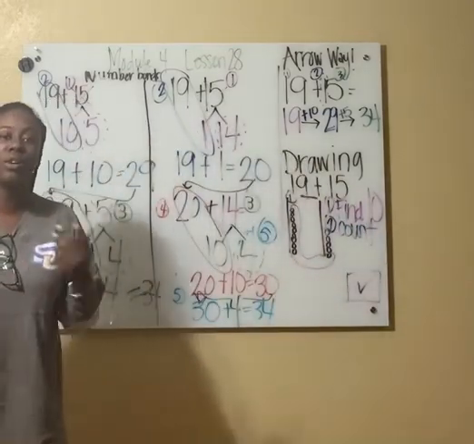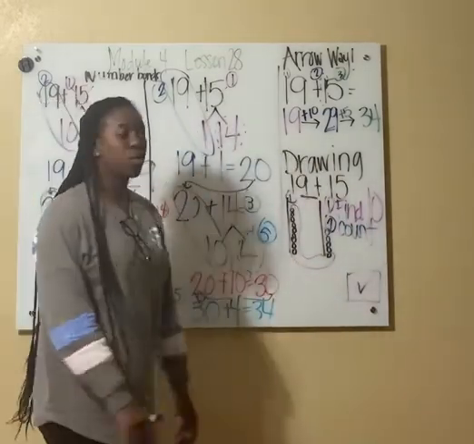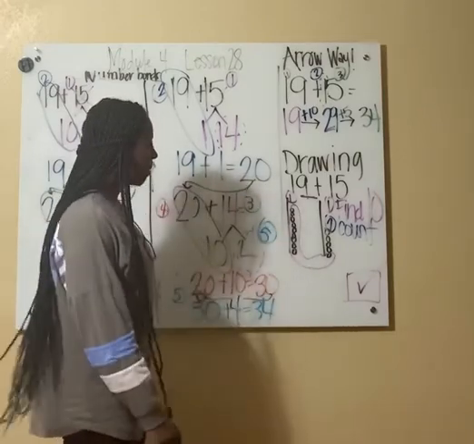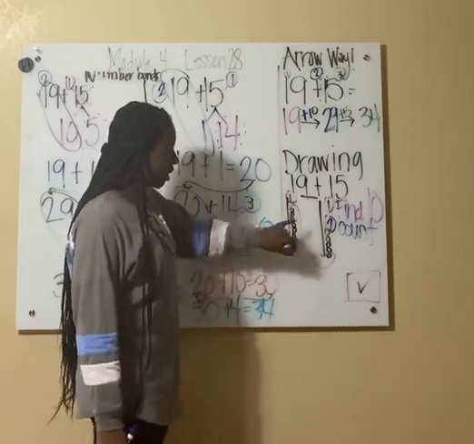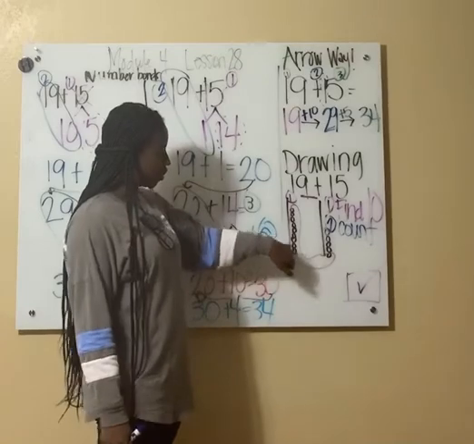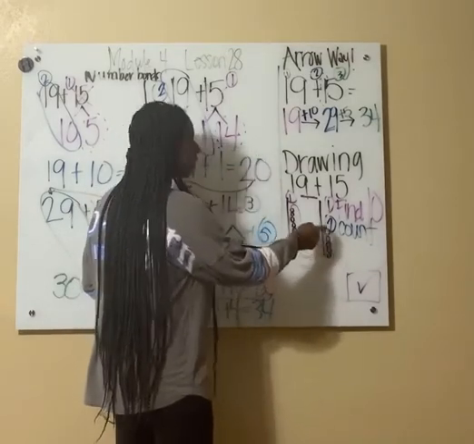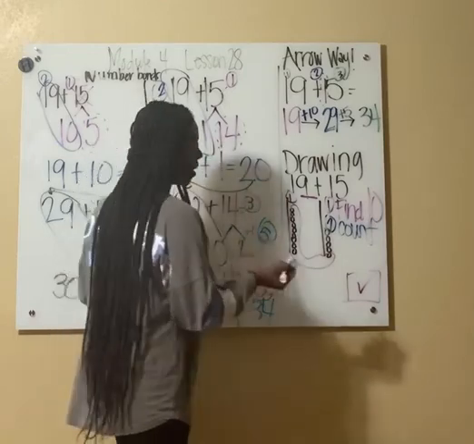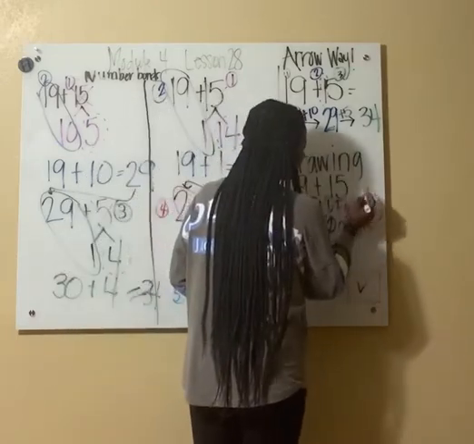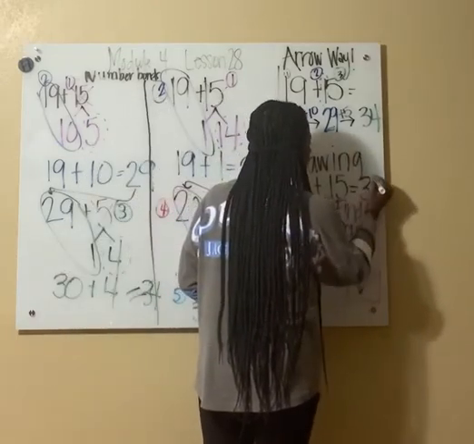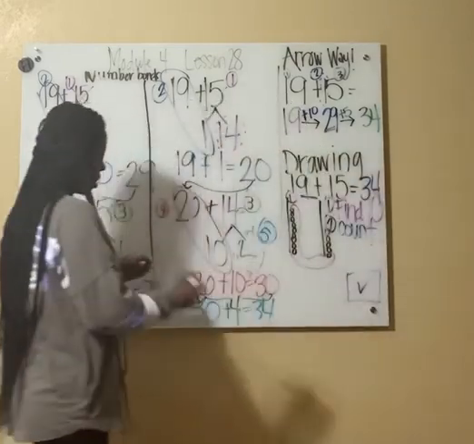Let me show you how you're supposed to count. So of course, we're going to count our 10s first now. I have 10, 20, the one I found, 30, 31, 32, 33, 34. So I know that 19 plus 15 equals 34.